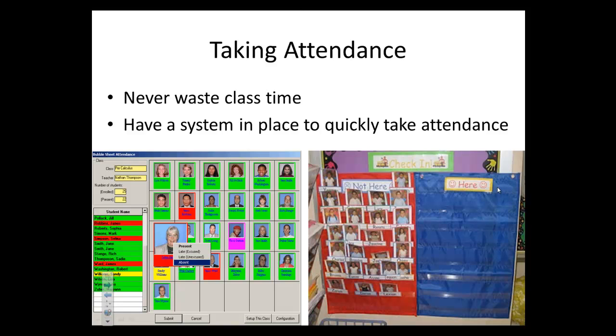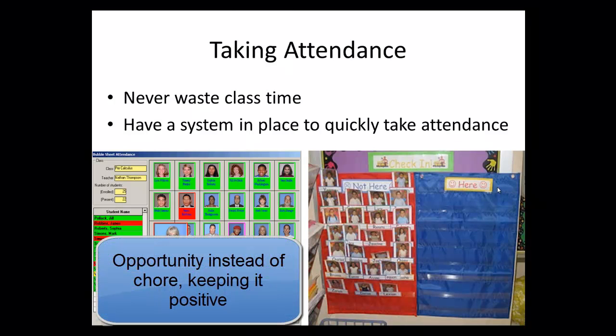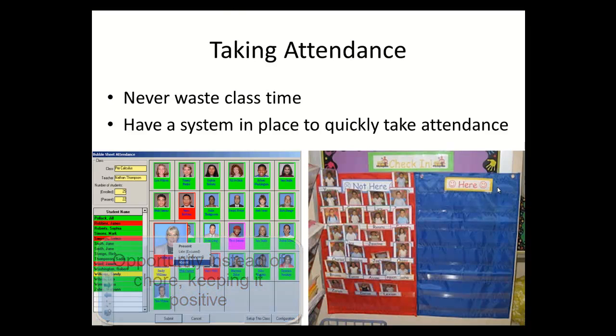And then the efficient, effective teacher has the student who finishes first get the opportunity to arrange the pictures back over on the not here side, resetting itself for the next day. They're using an administrative activity as a reward to the students, tricking them into doing our job for us. That is the definition of an effective teacher.